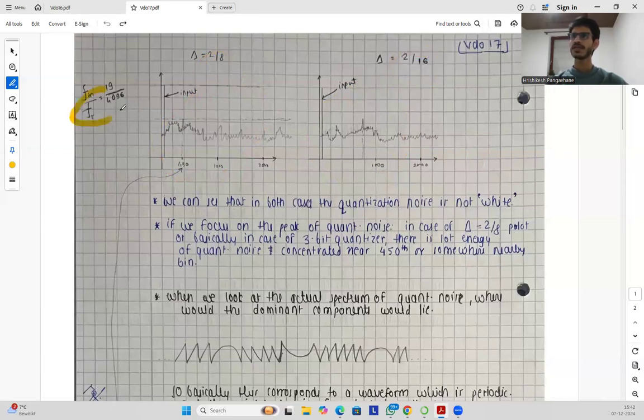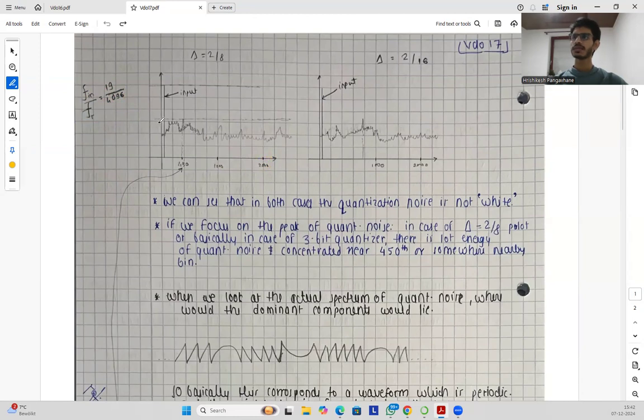Let's say Fin by Fs is taken as 19 by 4096. So this is the record length. If this is N by 2, this is basically 2048 over here. So let's say this is 2000, this is 1000.